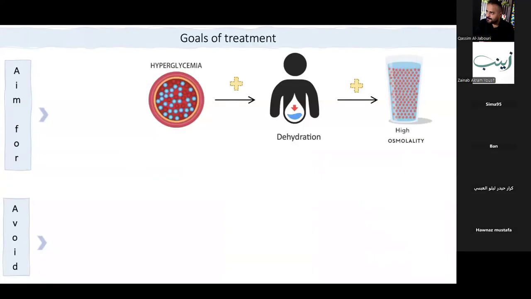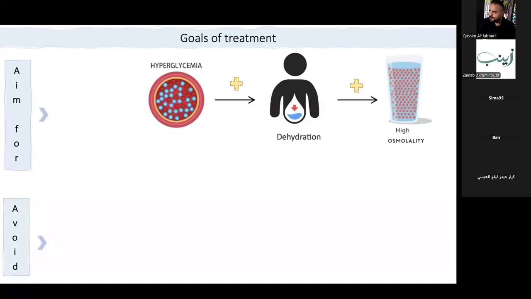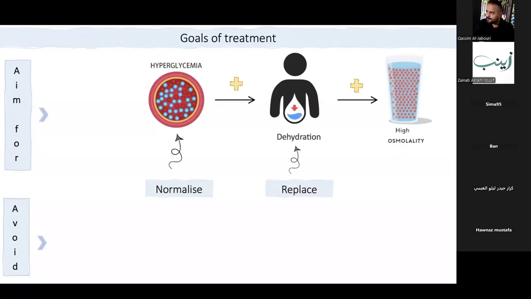So when we talked about the triad, we talked about hyperglycemia, dehydration, and high osmolality. All these are needed in order to diagnose HHS, in addition to having the precipitant event that led to it. So your goal is to normalize hyperglycemia.